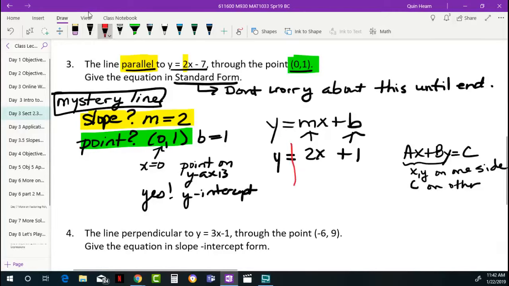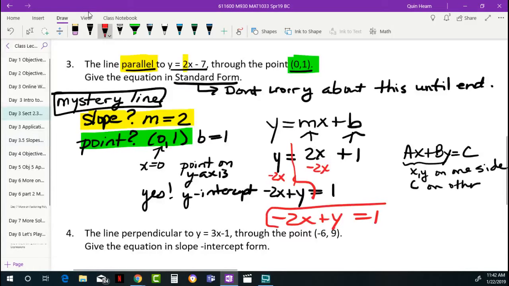Remember, the equal sign has to stay balanced, so we're going to subtract 2x over to the other side, and this is going to be negative 2x plus y equals 1. Got a little crooked there. Okay, so your final answer is negative 2x plus y equals 1, written in standard form. But you don't worry about standard form until the very last.